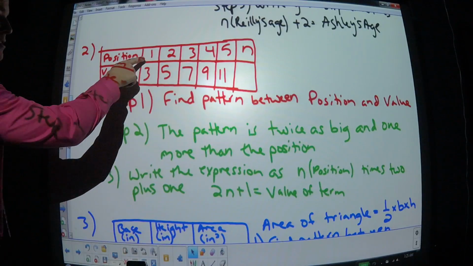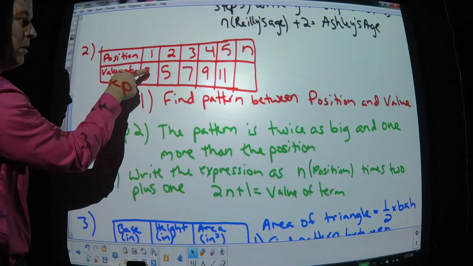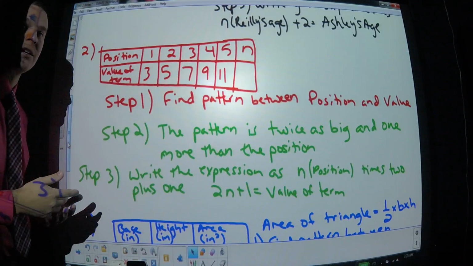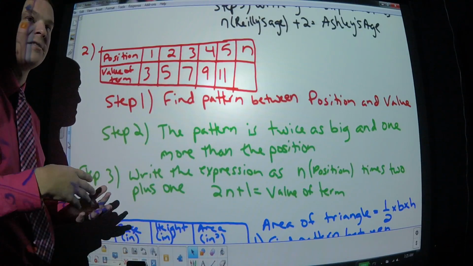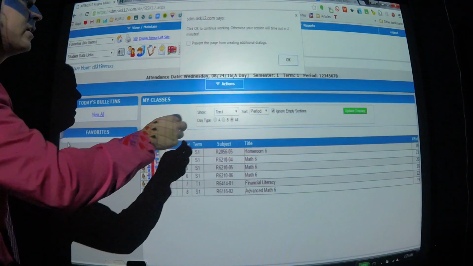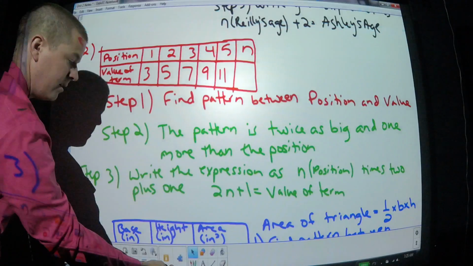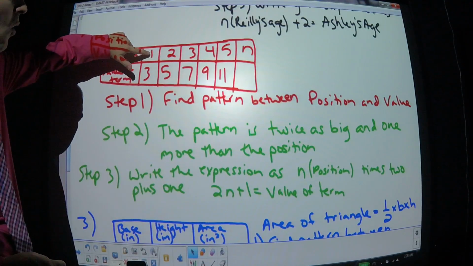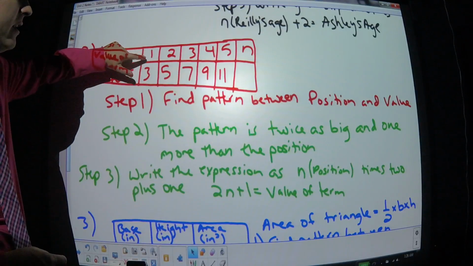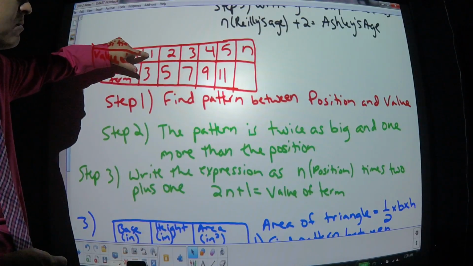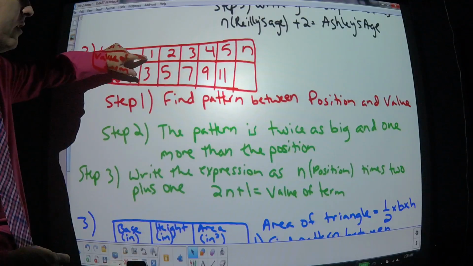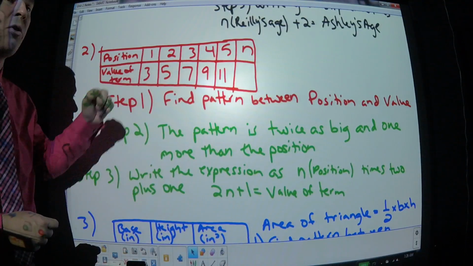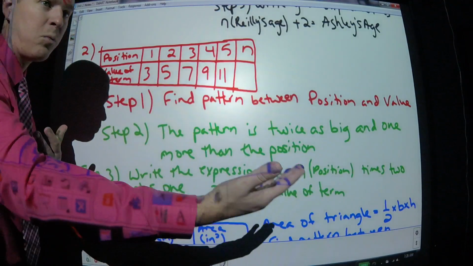So notice that this is 2 more, this is 3 more, this is 4 more. But we don't have an expression to write that just allows us to increase by 1 more each time. I apologize. So notice that for 1 and 3, the value is 2 times the position, but 2 times 1 is 2, so then we would add 1.